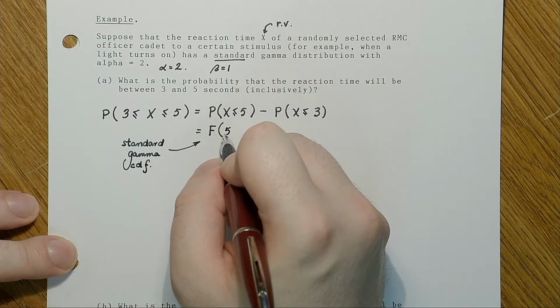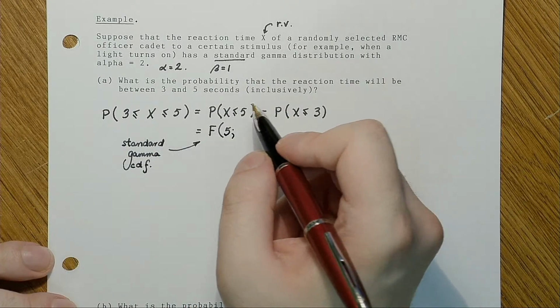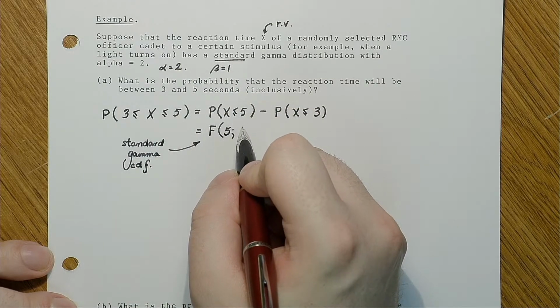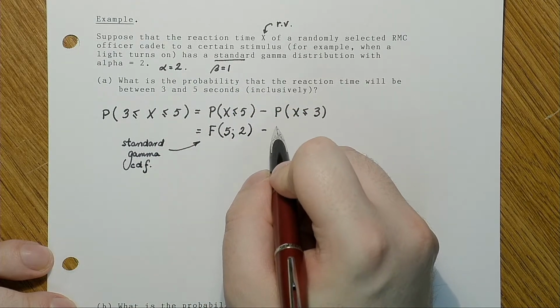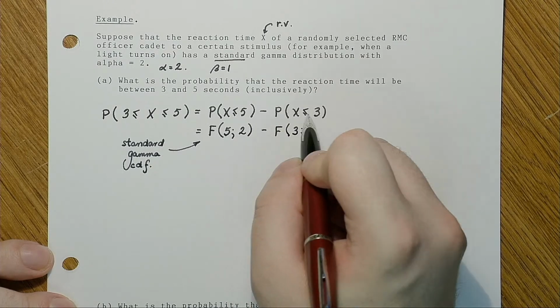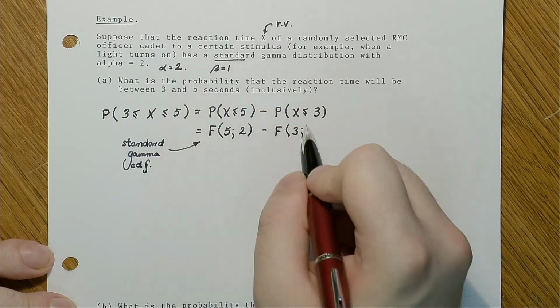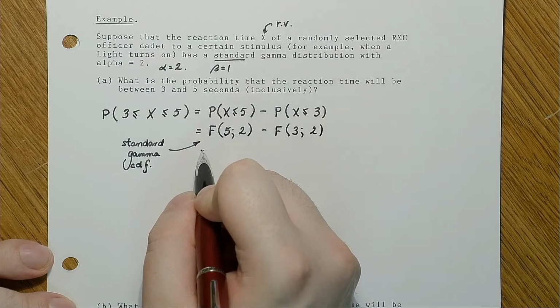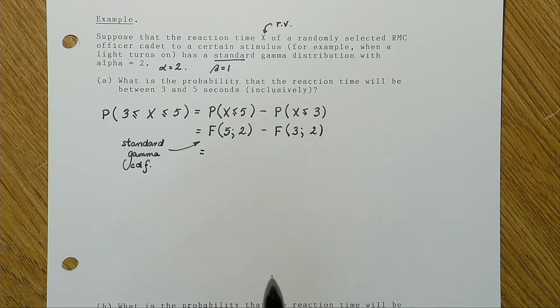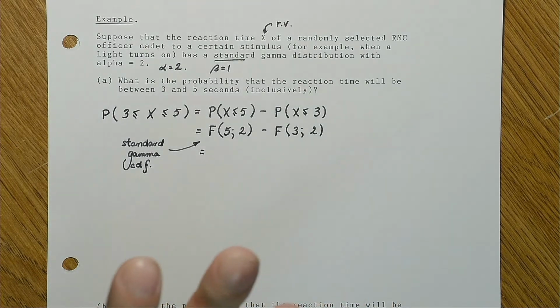So in this case, it would be 5, and our parameter for this would be just 2, minus, and in the second case, we'll have 3, and we still use our alpha of 2. And so then, you can go back and pause it. The other thing you can do is I will be scanning these notes afterwards so I can send them out to you.